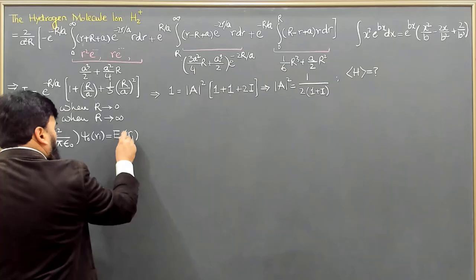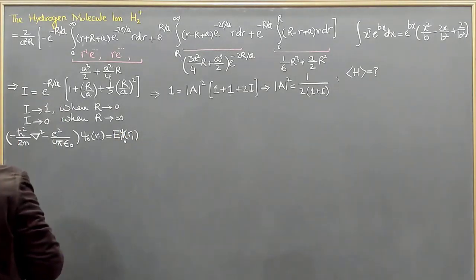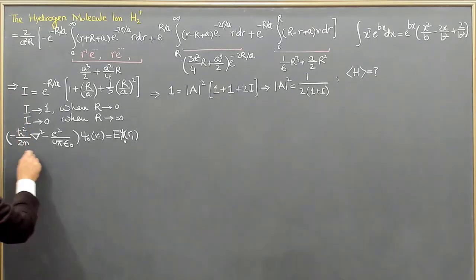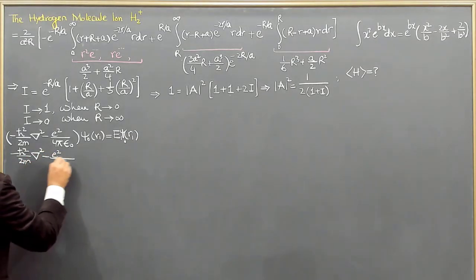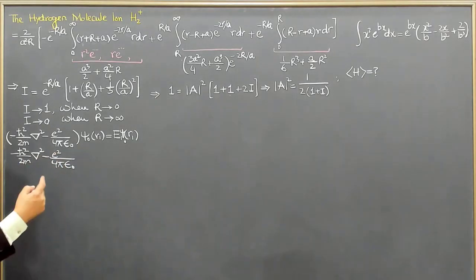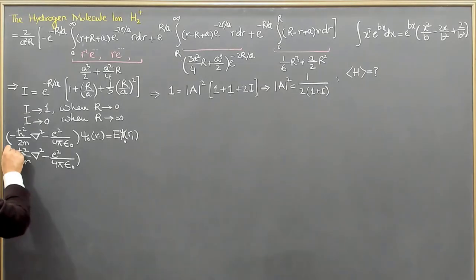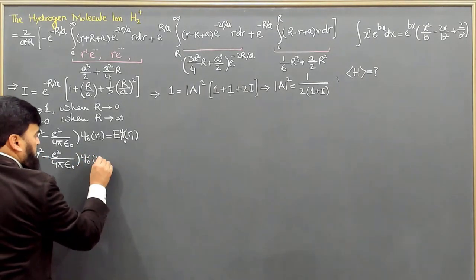So psi naught R1 here. Similarly, we have minus h bar square over 2m del square minus e square over 4 pi epsilon naught for the other proton and electron interaction. This is psi naught R2.